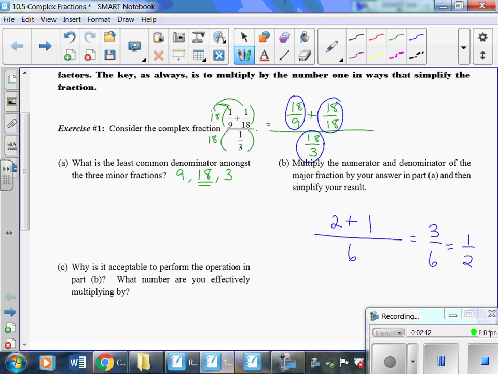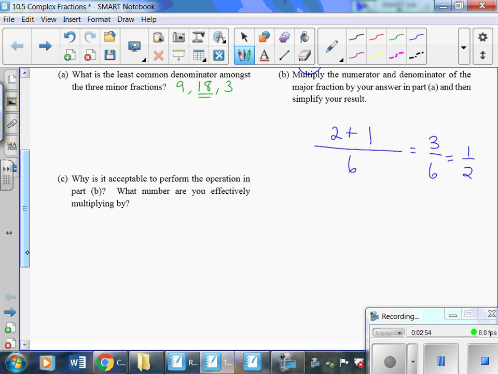So C says, why is it acceptable to perform the operation in part B? What number are you effectively multiplying by? Well, hopefully you're recognizing that 18 divided by 18 is the same thing as multiplying through by 1. So here we're multiplying by 1. And remember, there's no equal sign here.